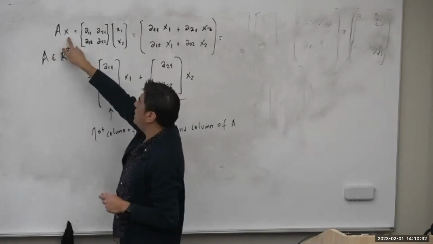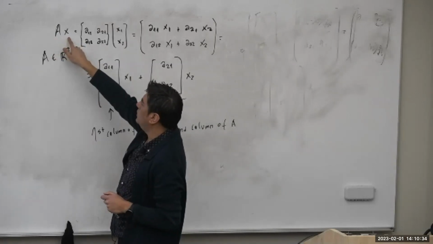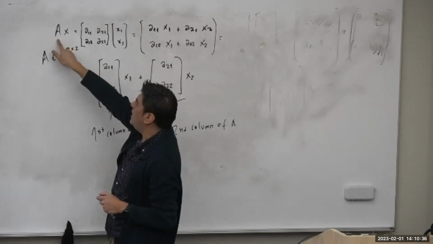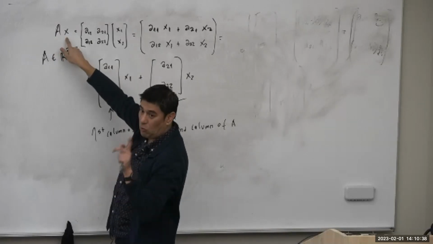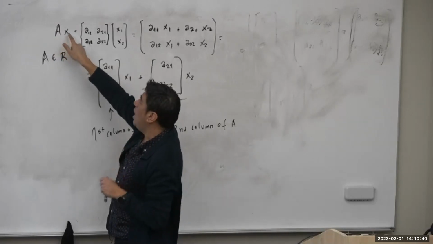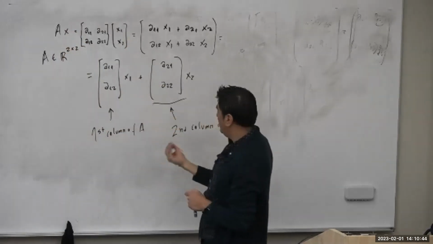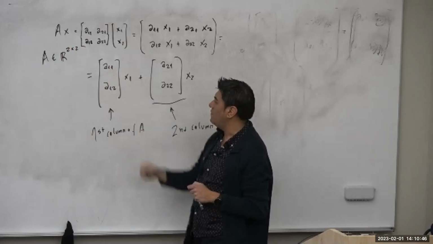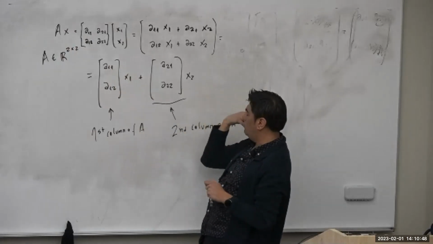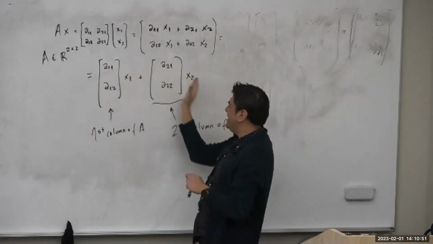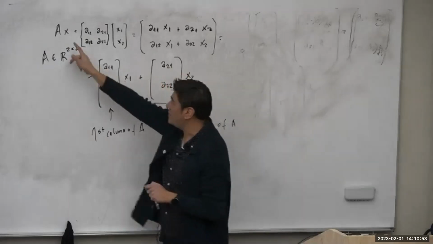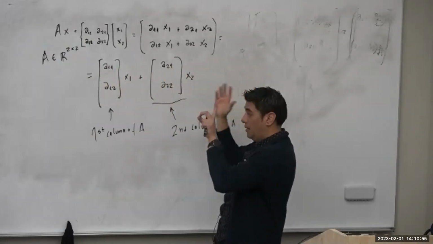When you have this product here, basically what we're doing is getting a linear combination of the columns of this matrix. And the coefficients of that linear combination are the terms of X. So X1 is the factor that will multiply the first column, and X2 the factor that will multiply the second column. That result is a linear combination of the columns.